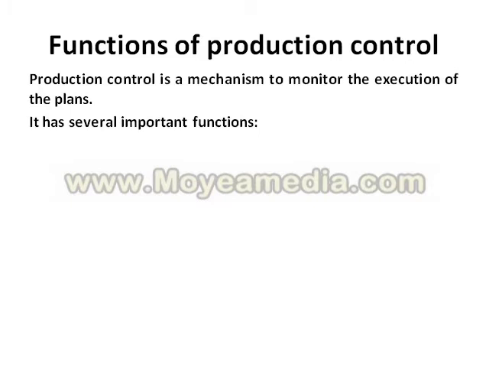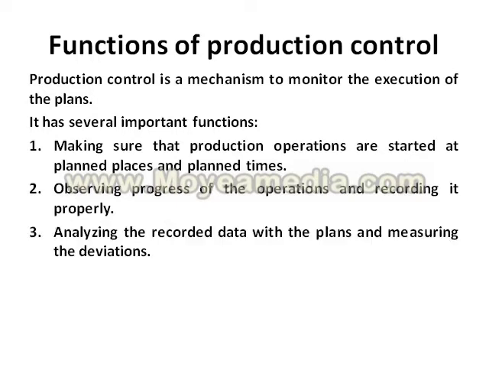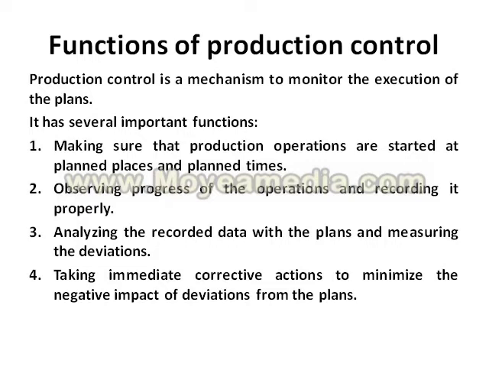So the major functions of production control: there are many objectives of production control. It can be like you need to make sure that the production operations are started as planned, or it is done at the right time and the right place.